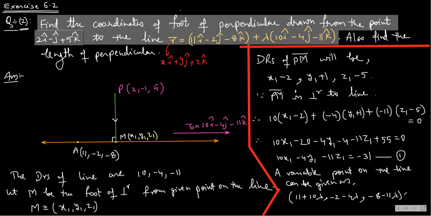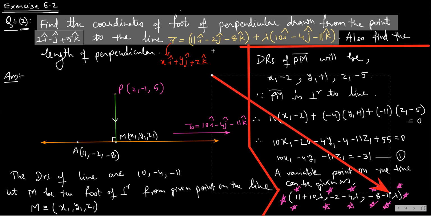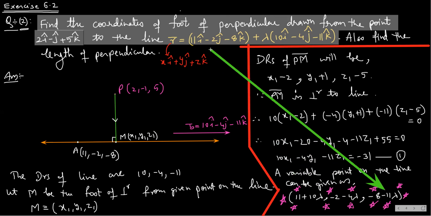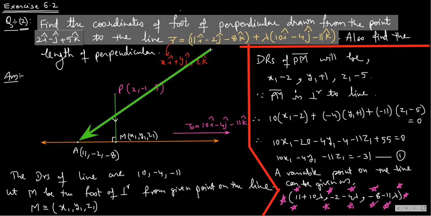Now remember, students, this is a variable point on the line. For different values of lambda, where lambda is a real, it will give us different points on the line. So please try to understand that this x coordinate, y coordinate, and z coordinate are fully capable of representing A as well as M or any other point on the line.